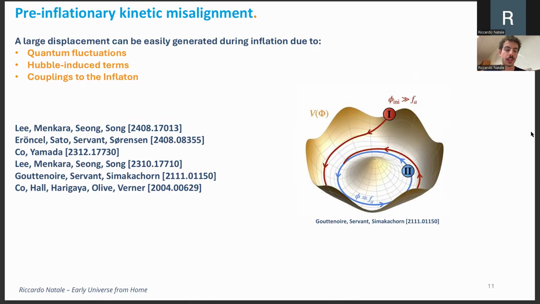And the effect that we have is to produce a tachyonic mass for the saxion, and this mass can then provide a new minimum in the potential at very high field values. And so during inflation, the saxion will move away from the origin of field space to regions where higher order operators can be relevant.